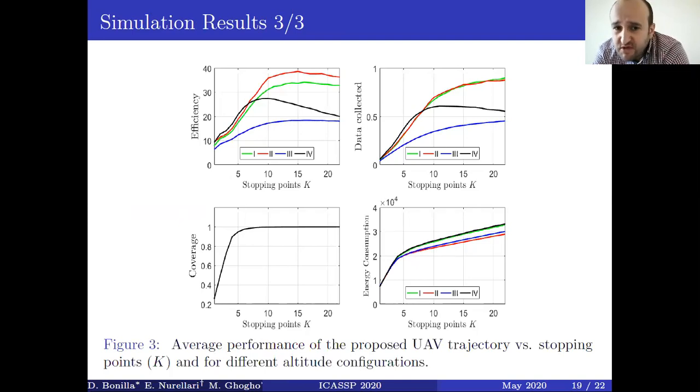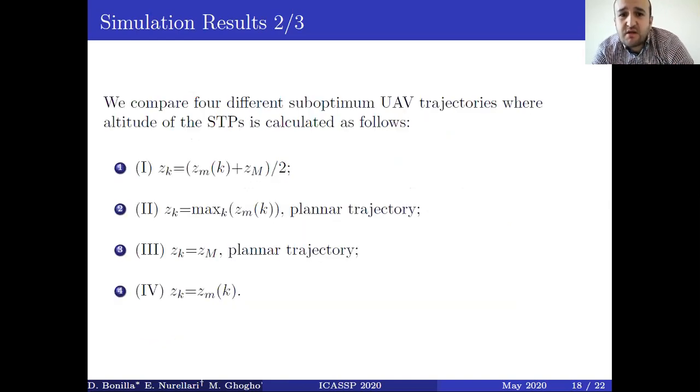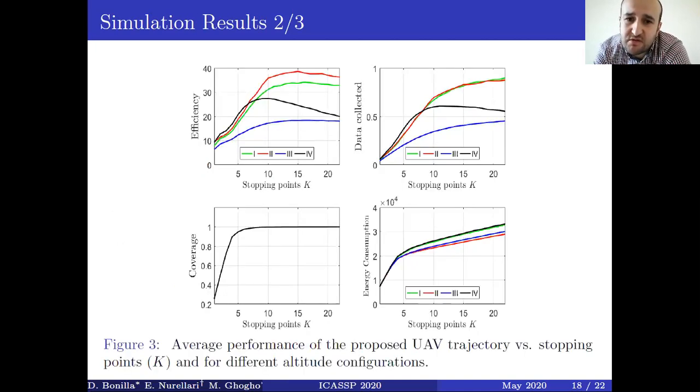The coverage is maintained the same, and the blue curve is actually worse in terms of efficiency and data collection. The blue one is case 3, which is simply a planar trajectory, where Z_k is simply Z_m, just maximizing the coverage. So maximizing the coverage only does not really give you the best data collection and best energy efficiency.